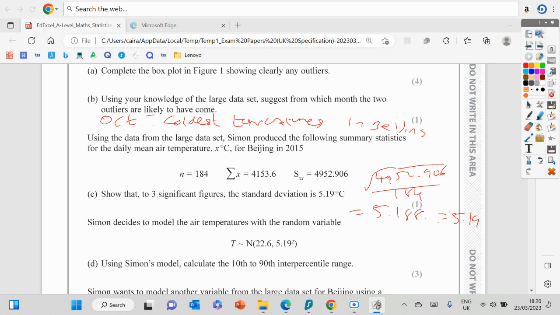On the Casio calculator, we're going to go to menu, go to number 7 for distribution. We're going to go to normal CD in this case. The upper value would be, well, no, the upper value would be 0.1, rather. The lower value would be 0. The standard deviation is 5.19, and the mu is 22.6.